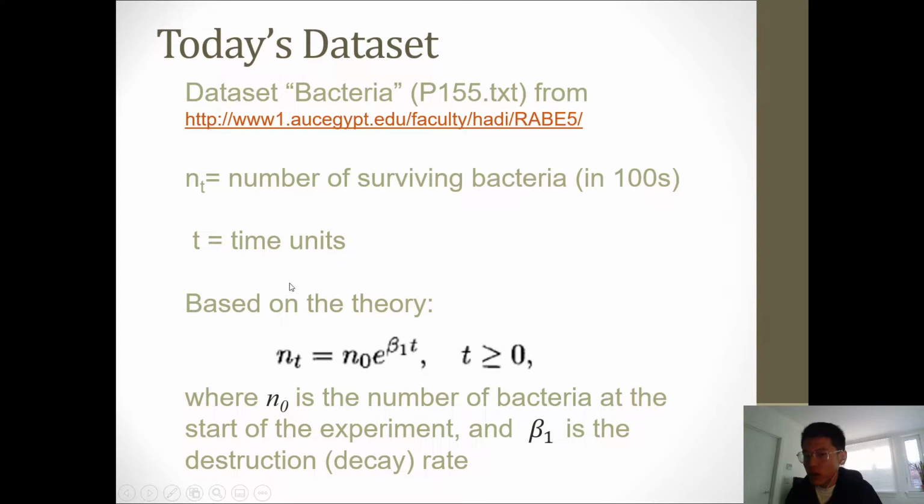Based on the theory, this is the model to represent the relationship between the time unit and the number of surviving bacteria. It is an exponential model, and N0 is the number of bacteria at the start of the experiment, and beta 1 is the decay rate, the destruction rate. So just remember this model, okay?